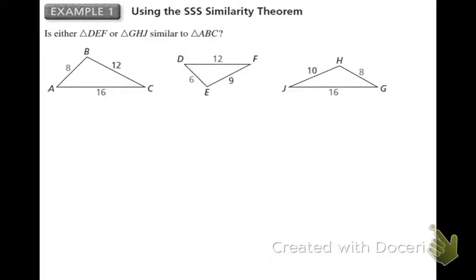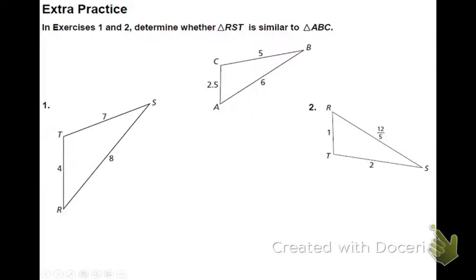All right, so we're going to do the bottom. Oh, nope, go back. Here we are. It says in exercises 1 and 2, determine whether triangle RST is similar to triangle ABC. So we're doing something very similar. We just have one picture and 2 separate problems. In one problem, we're going to figure out if this triangle is similar to this triangle.